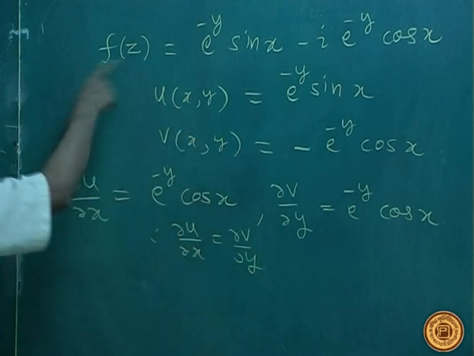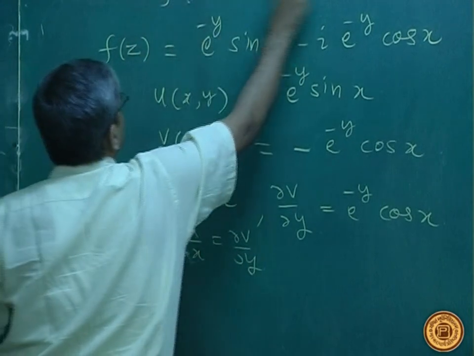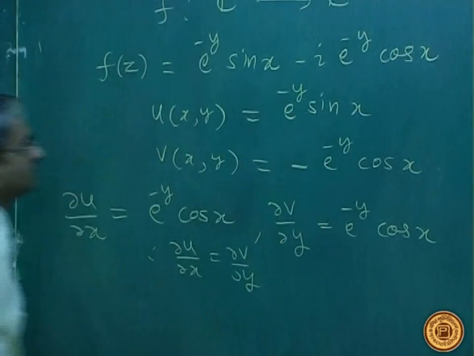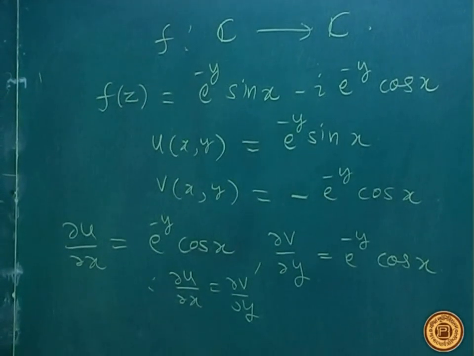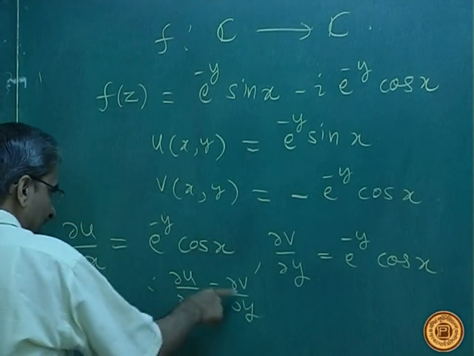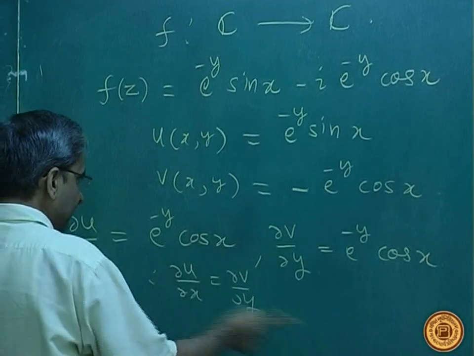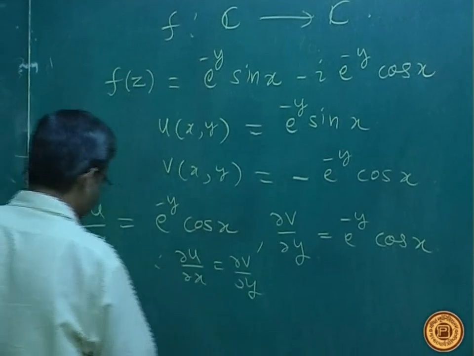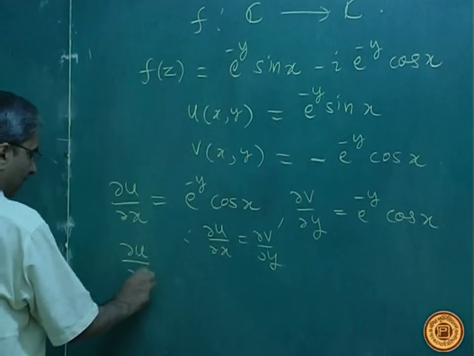I have not specified the domain of f, but f is assumed to be from C to C. So I am writing this to mean they are satisfied everywhere. There is no exception. You may take any x and y, this equation is satisfied. Now let us find del u by del y.